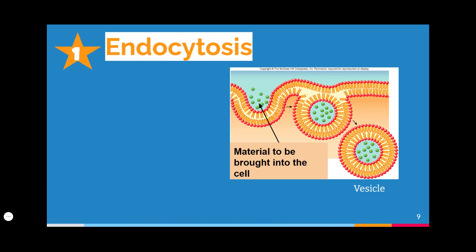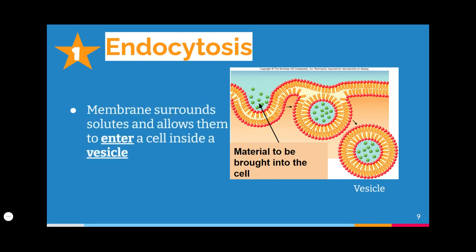So in your packet on page 12, the first type of bulk transport is called endocytosis. And in endocytosis, the membrane surrounds the solutes and allows them to enter or come in to the cell.